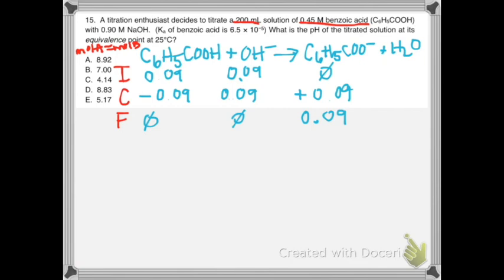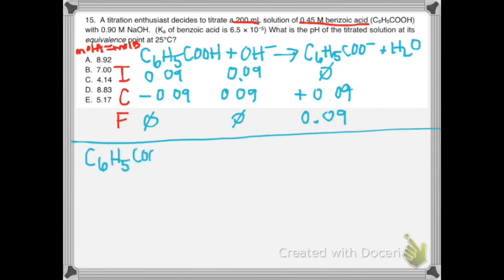Okay, and so we can start by seeing what the benzoate would do in water. So benzoate is the conjugate base of a weak acid, so it's going to be a weak base.